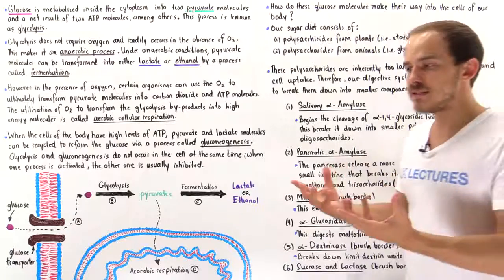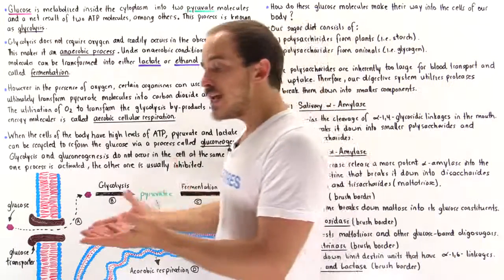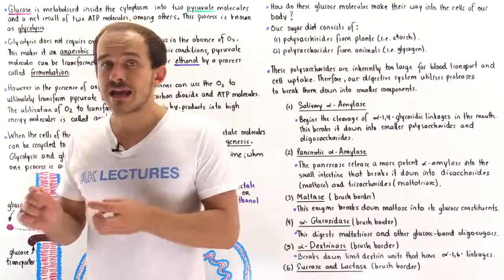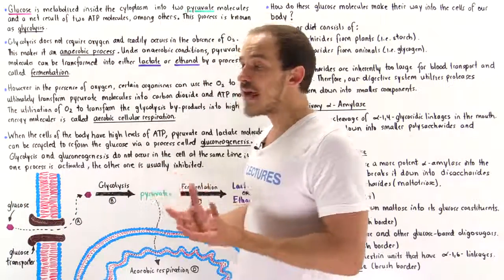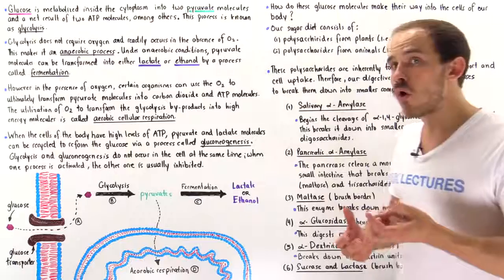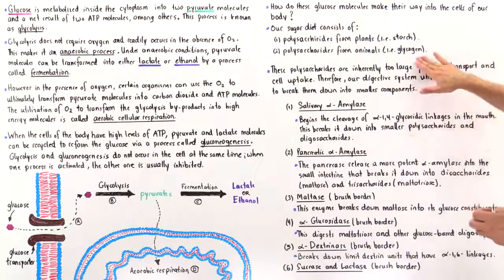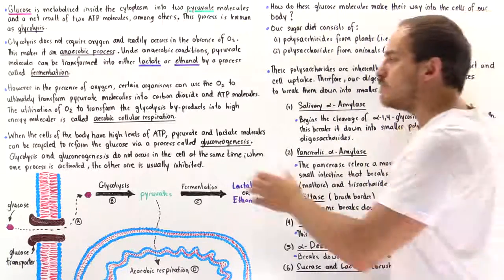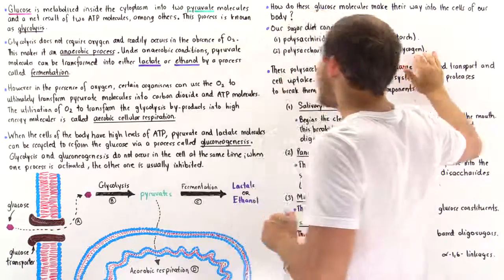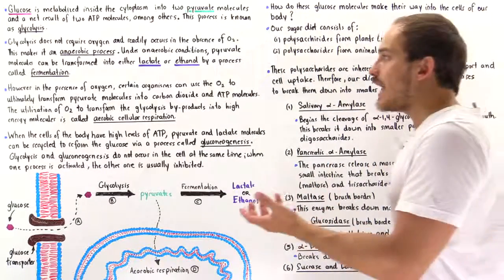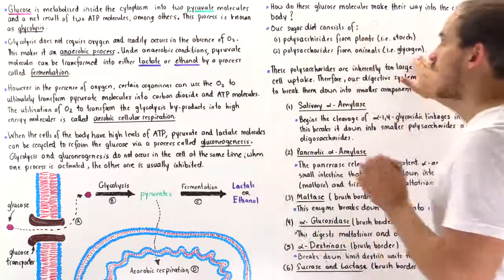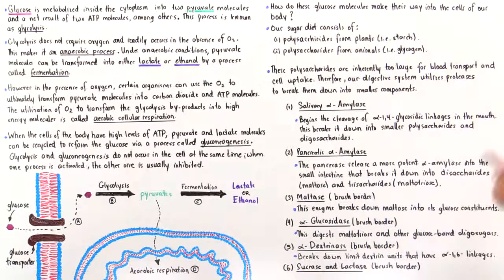Now, for instance, if we eat a piece of chicken, that chicken not only has protein and fat, it also contains polysaccharides, carbohydrates, stored in a form we call glycogen, which is the same form that we mentioned just a moment ago. Now, if we ingest things like pasta or bread or cereal, these are actually polysaccharides that come from plants.